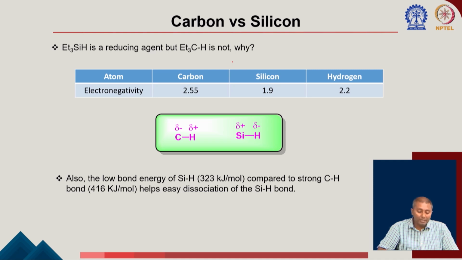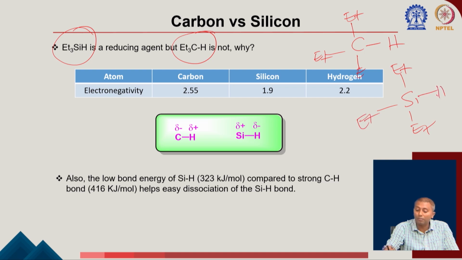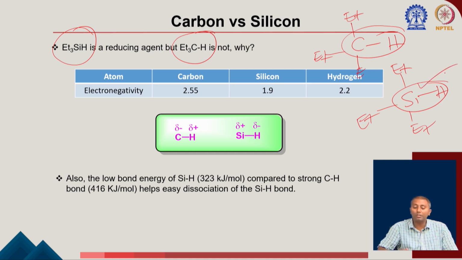The other important thing, as I mentioned, if you think about triethyl silane versus triethyl methane, you are talking about these two structures. So, you have ethyl, ethyl and H versus the silicon compound. Because of the weak bond energy, the silicon compound can be used as a reducing agent, but not the carbon analog.